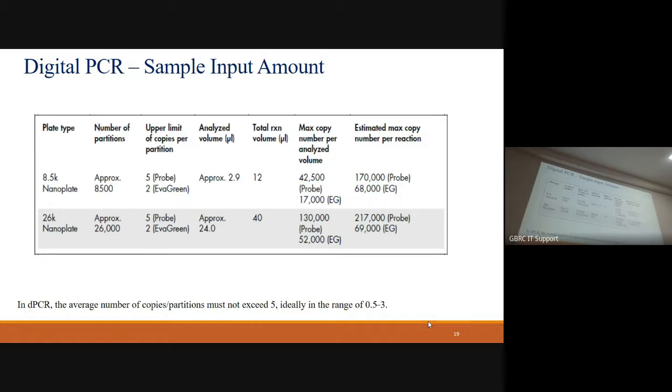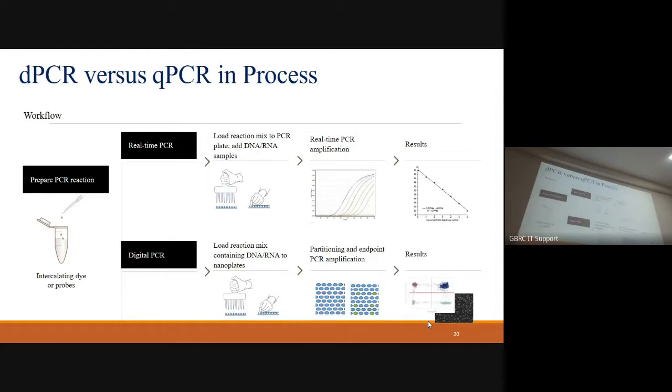From this analyzable volume, they calculate the copies, the limit of maximum copy number that can be analyzed using this volume, and the estimated maximum copies per reaction you can detect with the probe as well as EvaGreen based assay. As I told, if it exceeds 5, then it will give you the oversaturation.